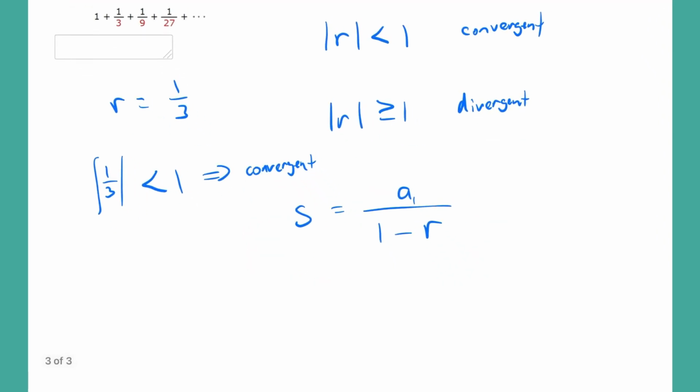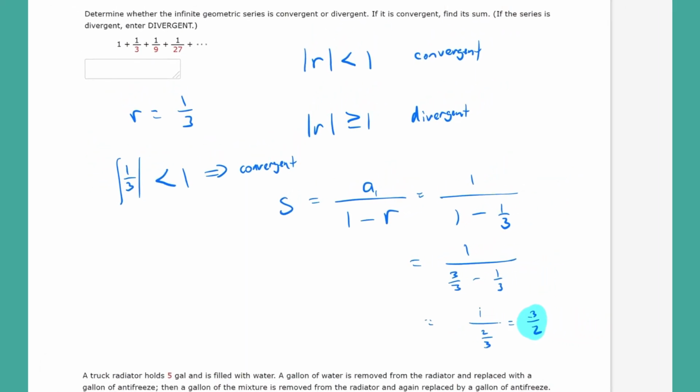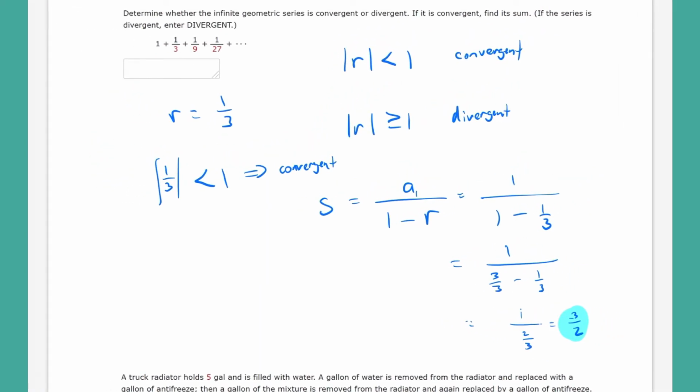So let's plug in the values. The first term is 1. r is 1/3. And we can change that to be 3/3 minus 1/3, which is 1 over 2/3, which is 3 over 2. So that is our final answer. The sum, this infinite sum, is 3/2, 1.5.